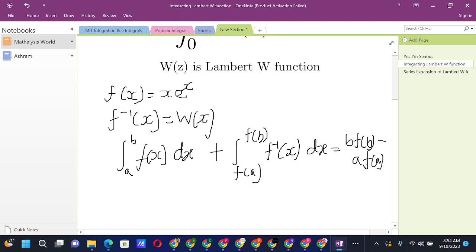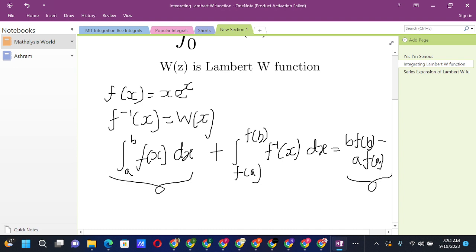So we will use this property. Since if we have f of x as x e to the power x, we can evaluate the first integral, and here f inverse x is Lambert W of x, and we will get the value by subtracting this integral from this value. So we are going to use that.